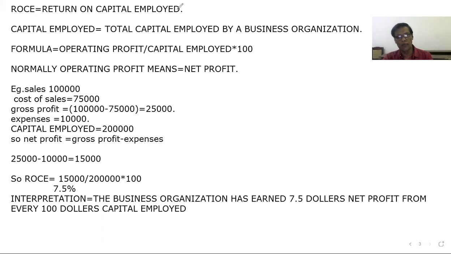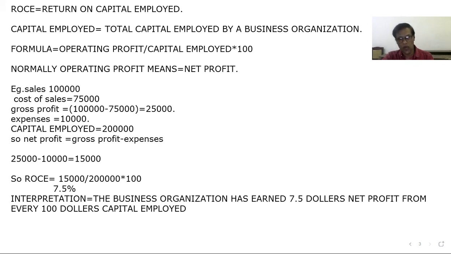When you are doing a business organization, you do it to maximize the profit. When you are investing any money, your main idea is to get some return. Return means when you deposit money in a bank, you get interest.